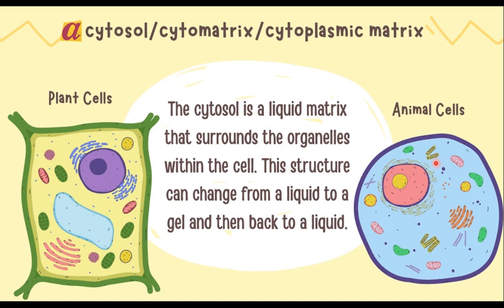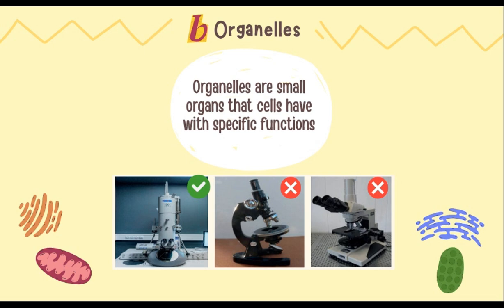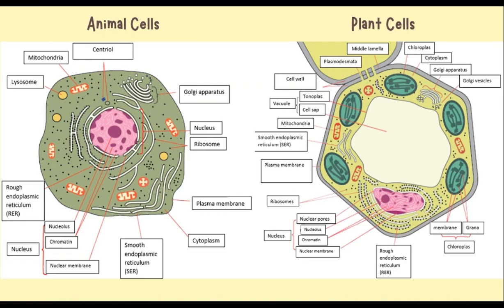This is cytosol. Organelles. Organelles are small organs that cells have with specific functions. The organelles cannot be observed using a light microscope, but can be observed using an electron microscope.